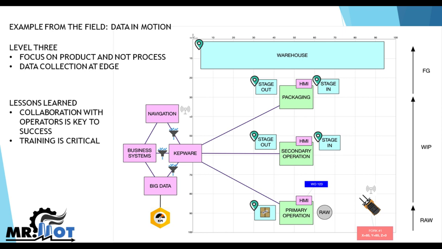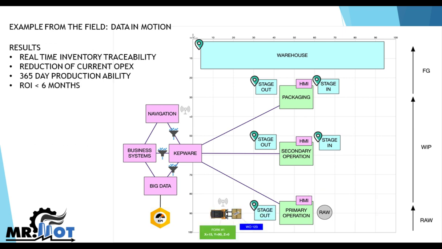And through the collaboration with operators and training and amending the process that's currently in place, we thought to ourselves, well, maybe we could get visibility all across the factory floor of our products in a real-time sense.